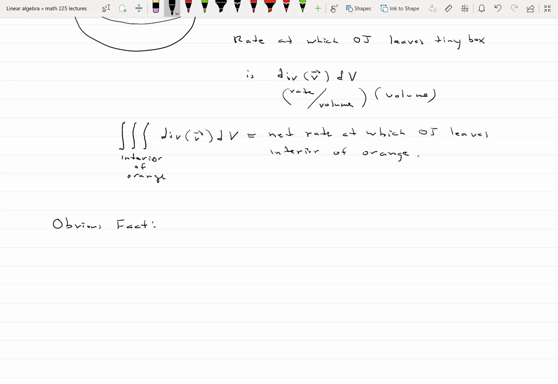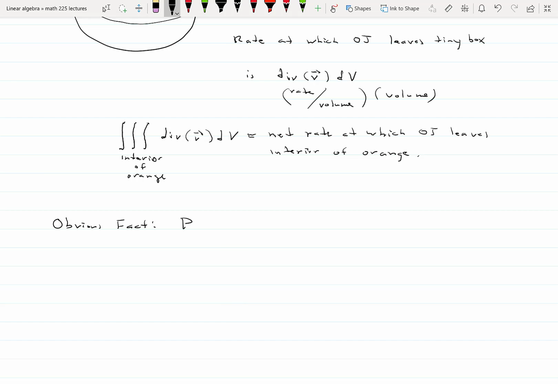The person on the outside is going to tell the person on the inside the rate at which orange juice is leaving the surface. The person on the inside is going to completely agree with that person. Both points of view should give the same rate. The rate at which the orange juice leaves the surface should be the rate at which orange juice is leaving the interior. Does that kind of make sense?